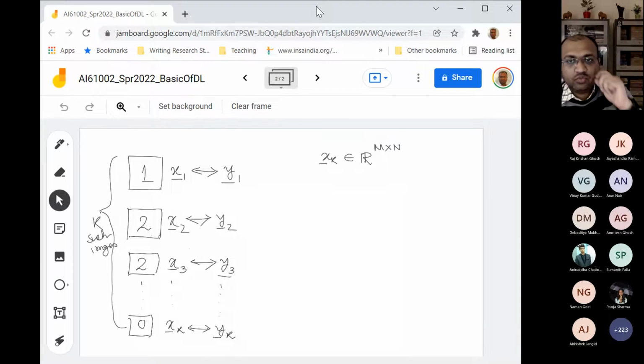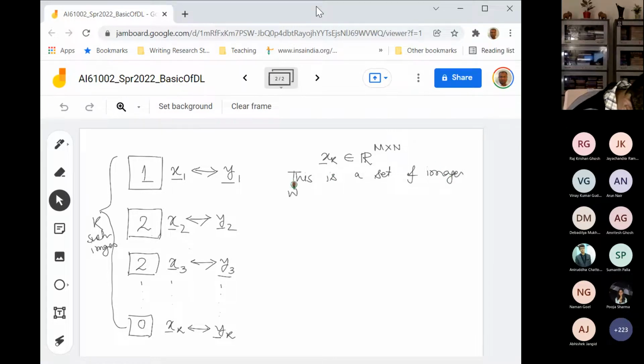Next, I have all of these yk's. So what do I know about yk? This is a set of images which represent any one number in the decimal number system.